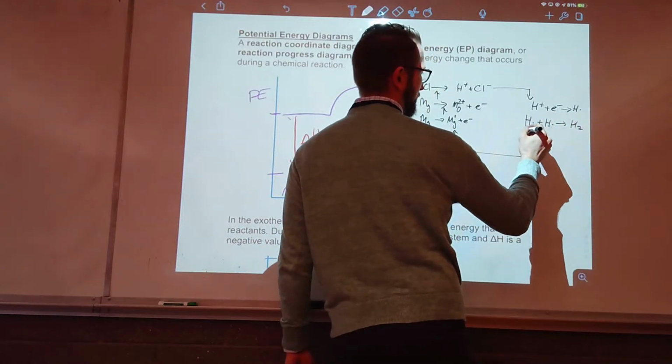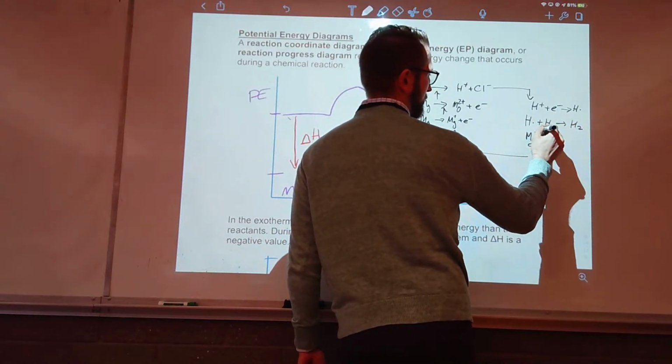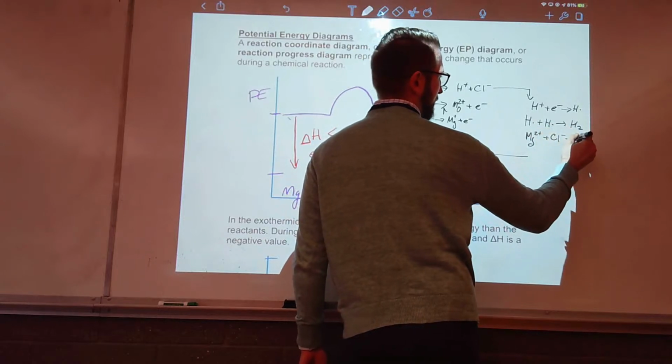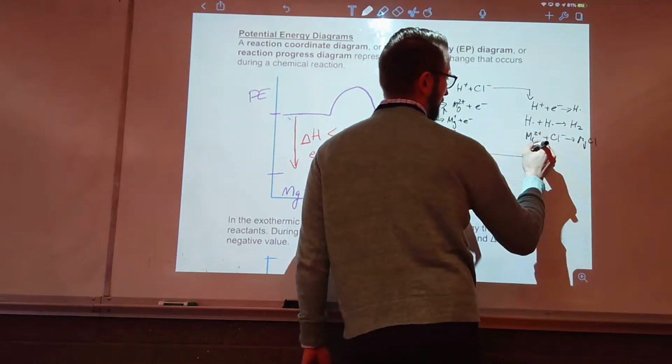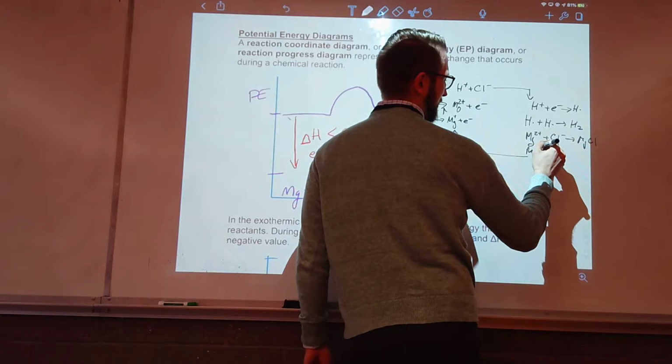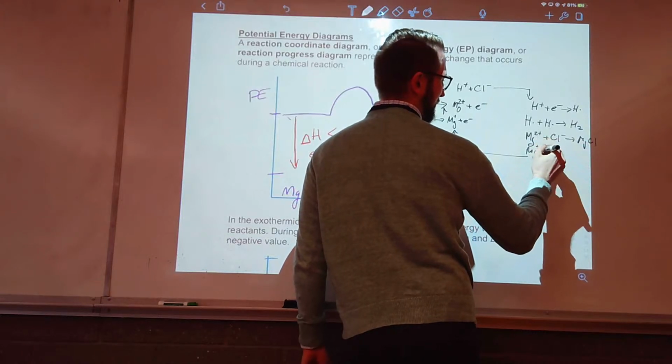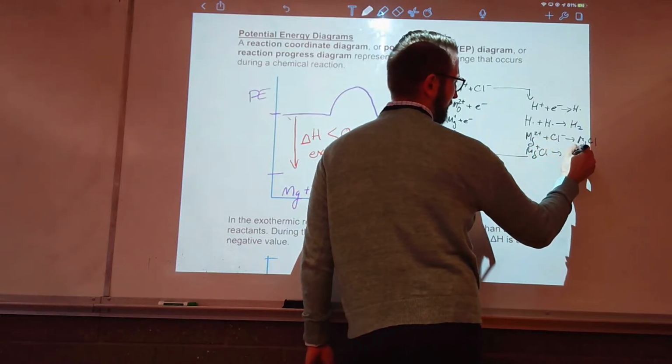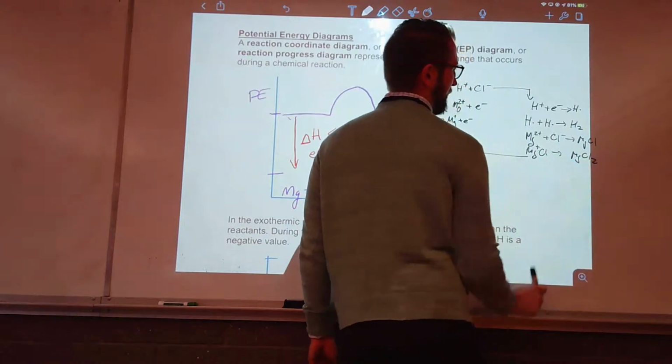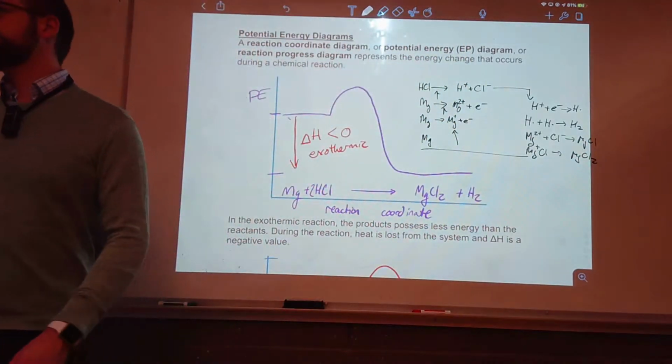That should happen really fast. And then the magnesium 2 plus a chlorine. Yeah, it would be a lot of steps here to get there, but it would look like something like that.